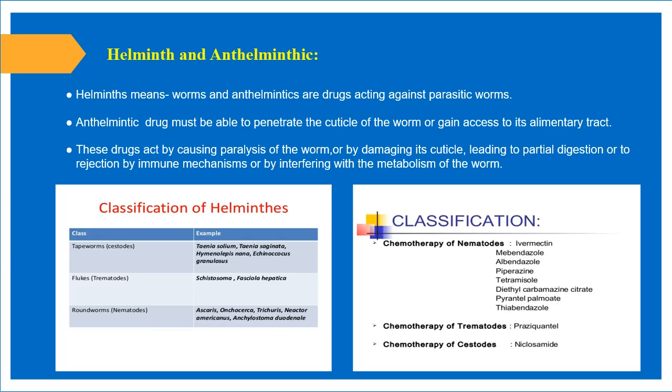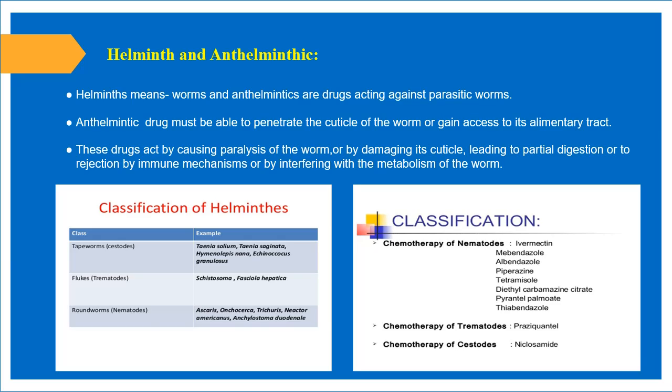It can be due to mimicking the action of GABA, or opening up the chloride channel for hyperpolarization so that there is minimal activity, or it could act as a nicotine stimulator or an anticholinesterase-like effect, which causes spasms and finally paralysis of the muscle.